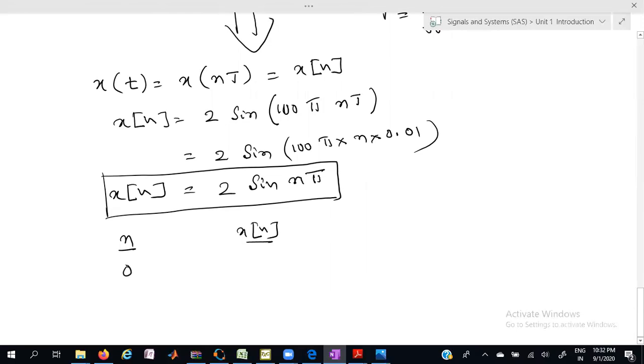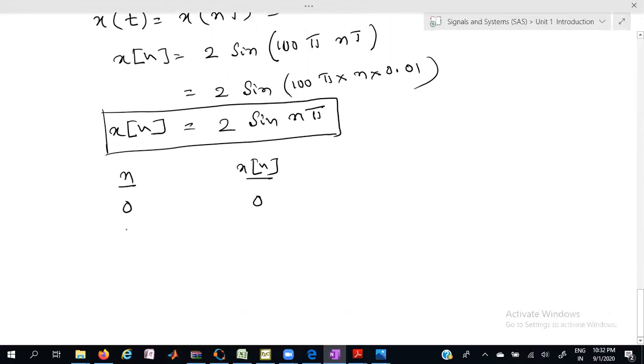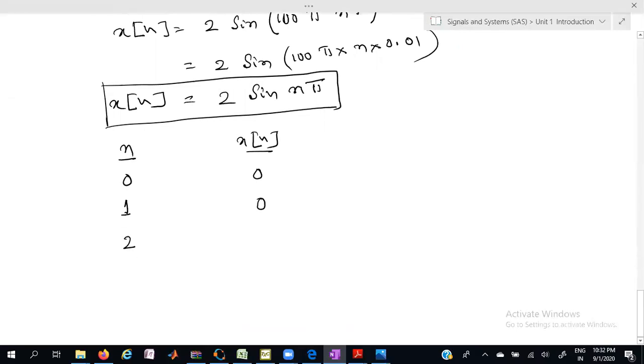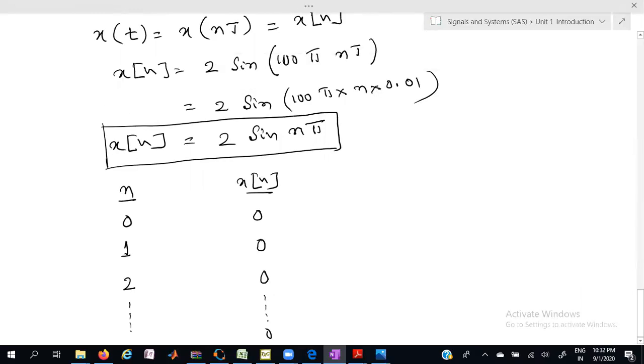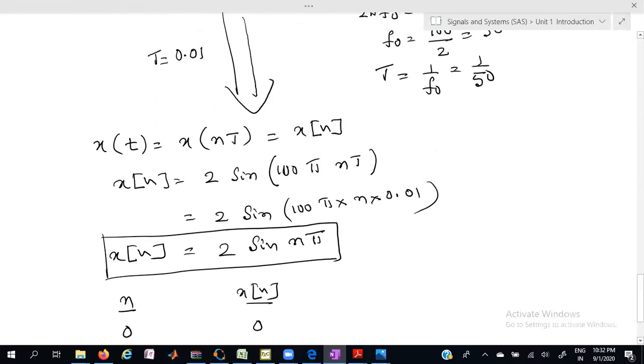For example, when I substitute n equal to 0, it is sine 0, which is 0, so the value of the signal is 0. When n is equal to 1, sine pi is 0, the signal is 0. When n is equal to 2, sine 2 pi is 0, therefore the signal is 0. So you can notice that for all the values, the value continues to be 0.